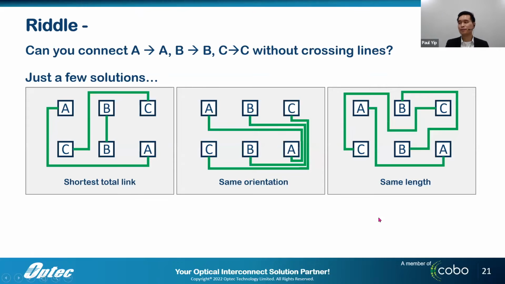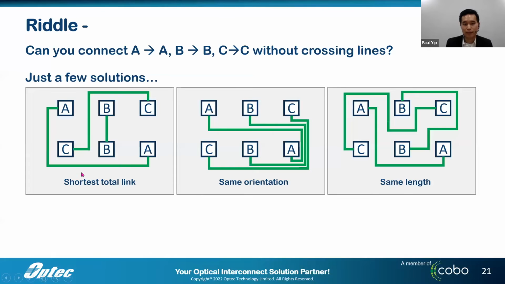At the start we have a riddle. These are some of the solutions, but actually there are many answers to that. The thing we're showing here is that if we can get more idea about the design that we're working around, we can provide better solutions.